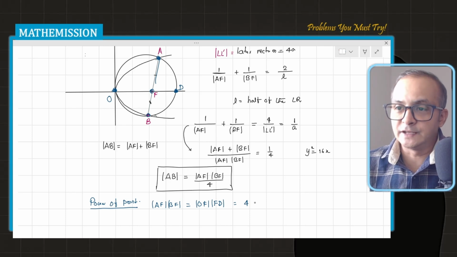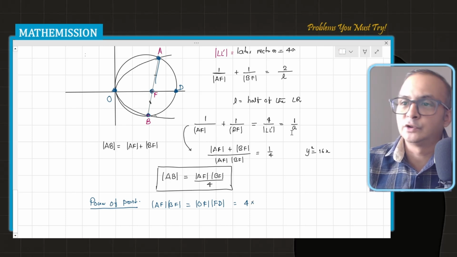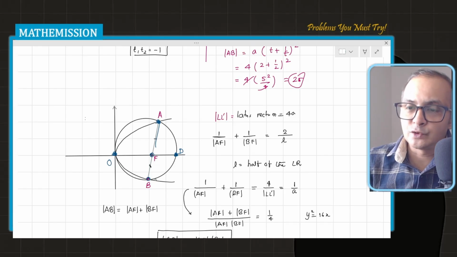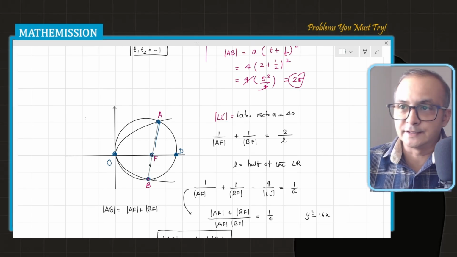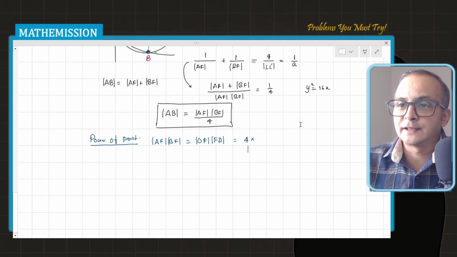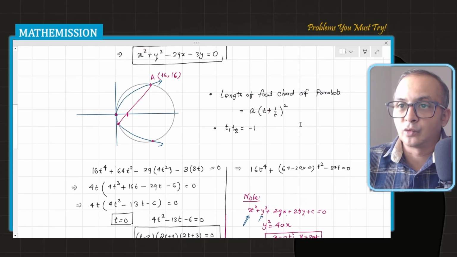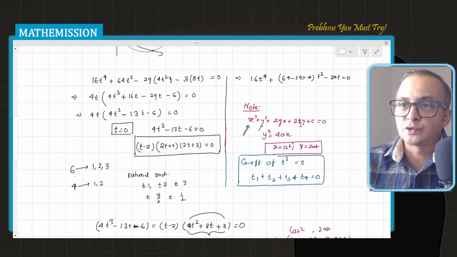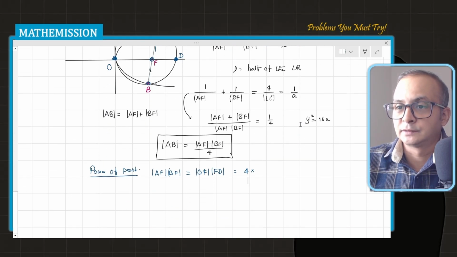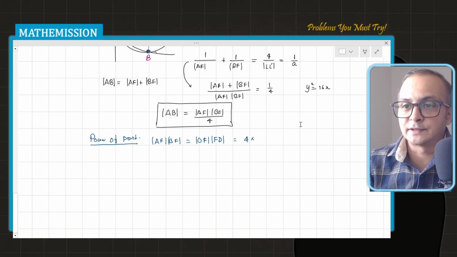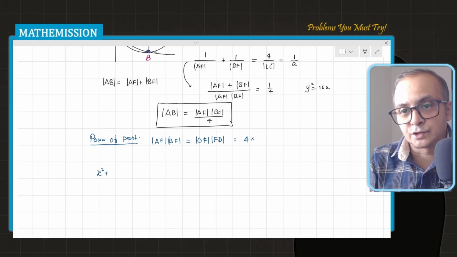And what is FD? How do you find FD? You notice that it is the point where the circle hits the x-axis. So where the circle hits the x-axis, you recall the equation of the circle is x square plus y square minus 29x minus 3y is equal to 0.